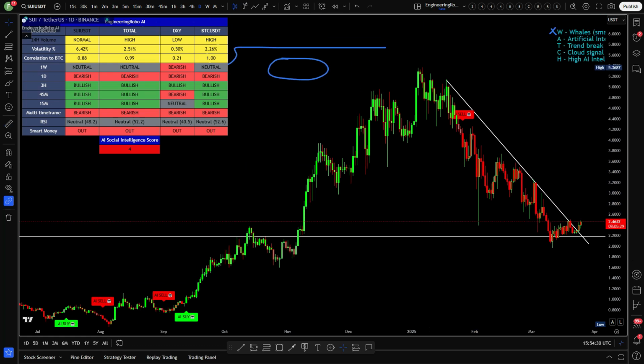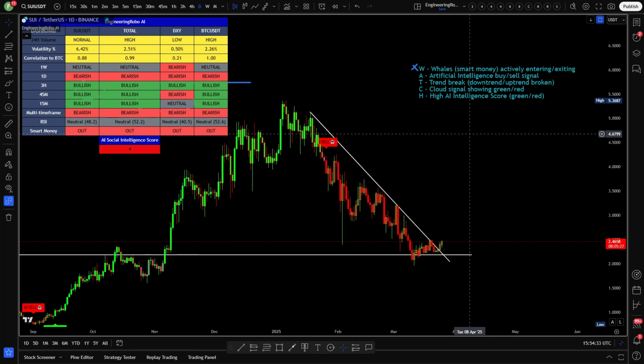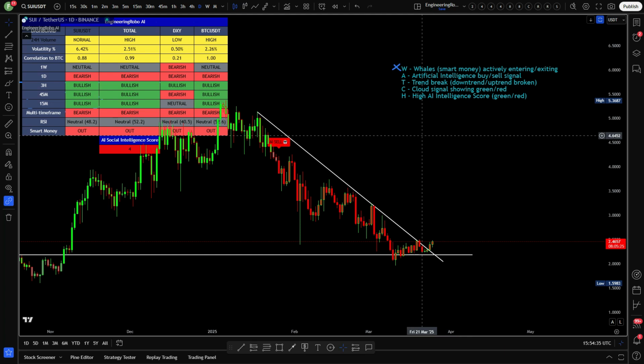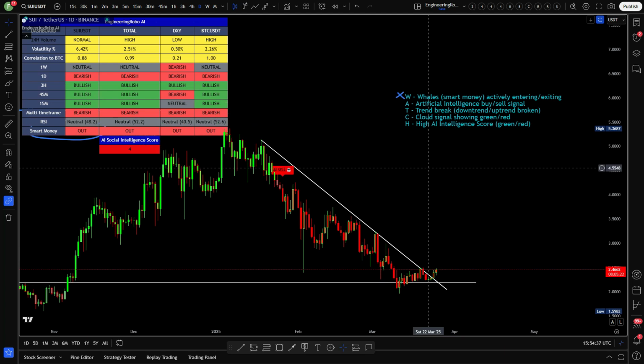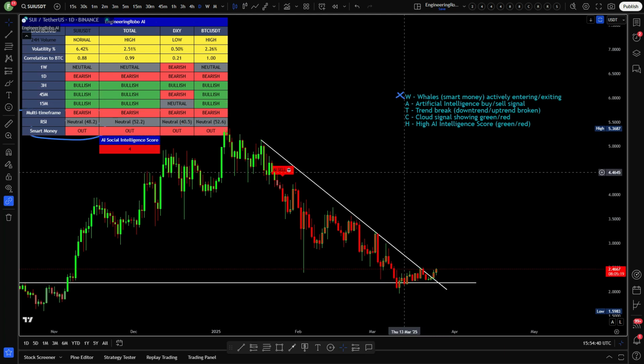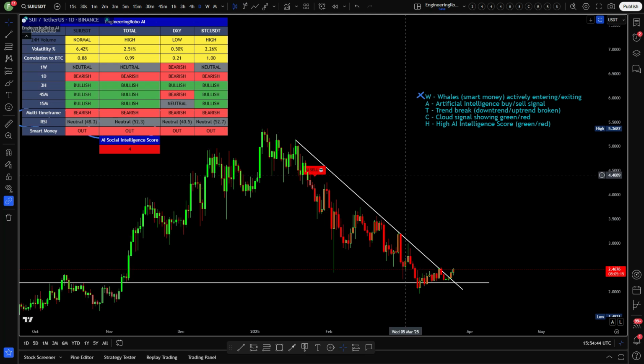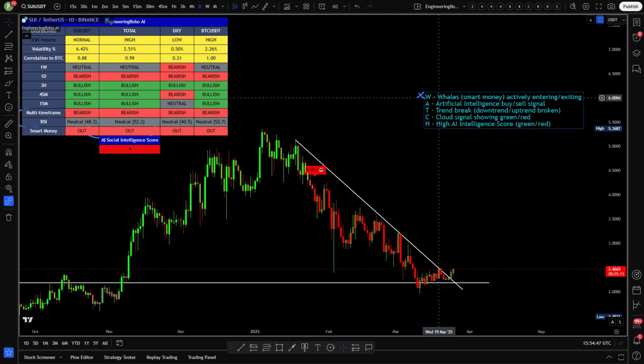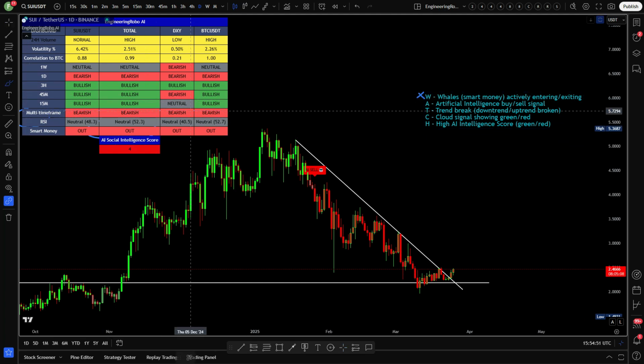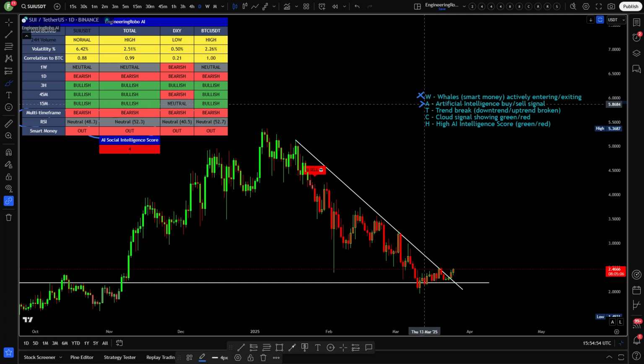But as I was alluding to before, we don't just look for one criteria of a sell signal to either get into a trade or get out of a trade. Right now, we're considering entering a trade to go long. On the daily time frame, we've established that the whales are not currently in there, and we don't yet have an artificial intelligence buy signal.